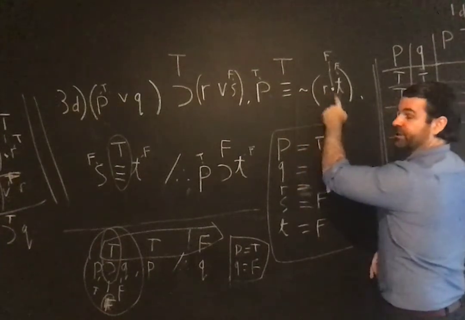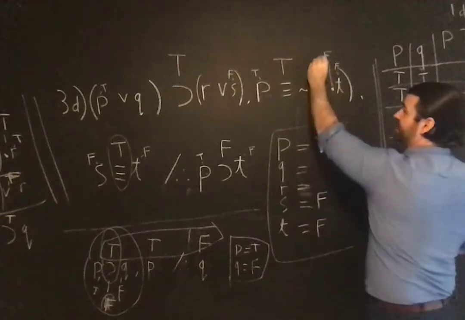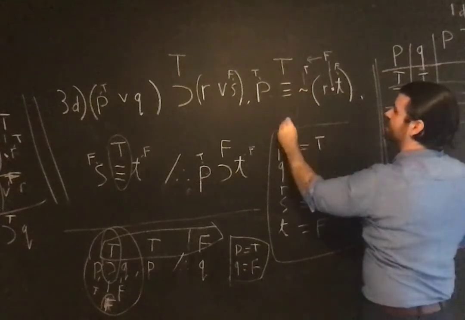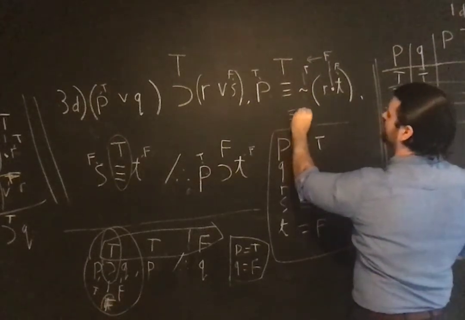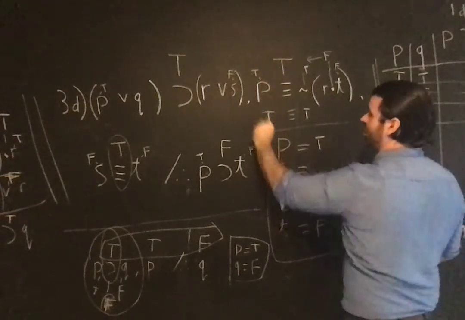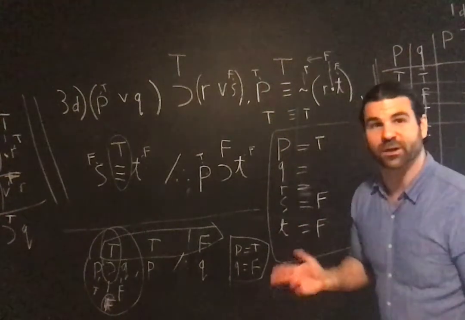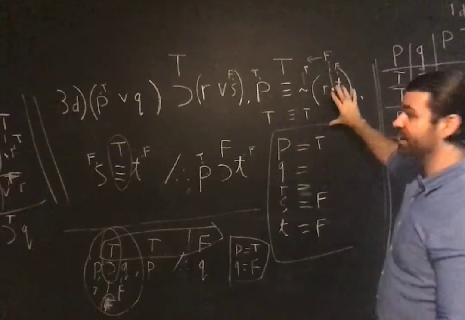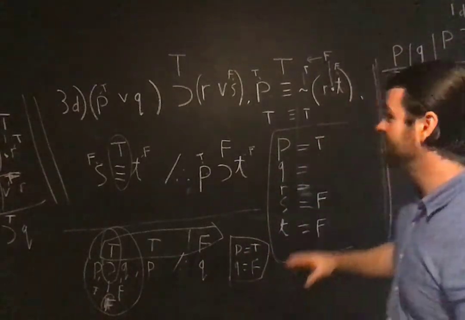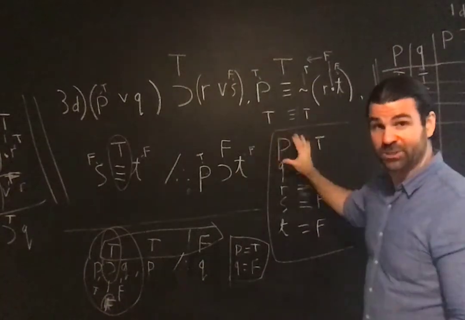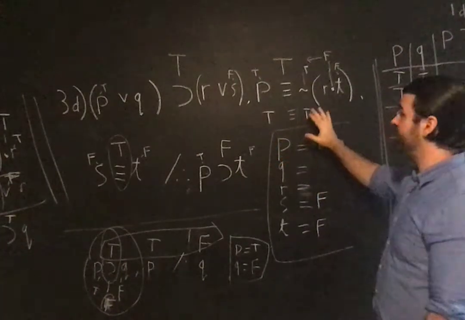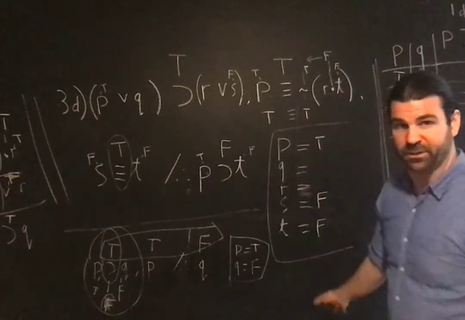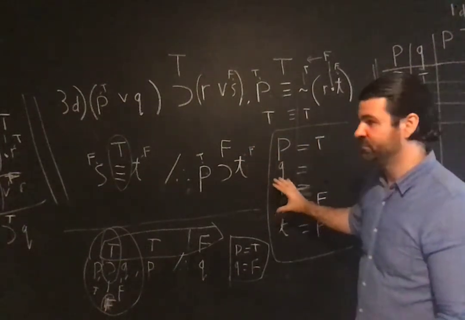This is the negation of the conjunction. The conjunction is false, therefore this is true. So now I've got a biconditional of true and true. Oh hey, it works. Now I can rest easy with this second premise, because it has turned out to be true with the assignment of truth values that were necessary to satisfy the other conditions, like making the conclusion false.